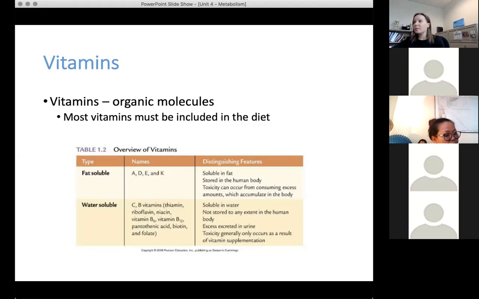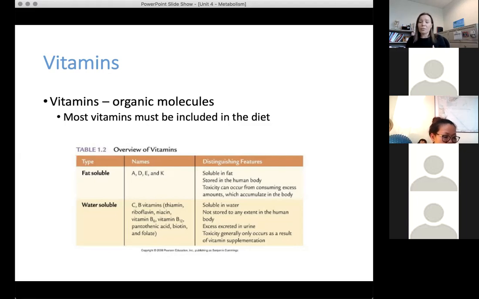Okay, on the other hand, there are also lipid soluble vitamins. And you can see on the outline or on the PowerPoint that these include vitamins A, D, E, and K. So these bind to ingested lipids and they are absorbed along with those lipids.